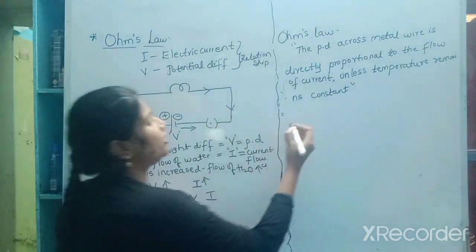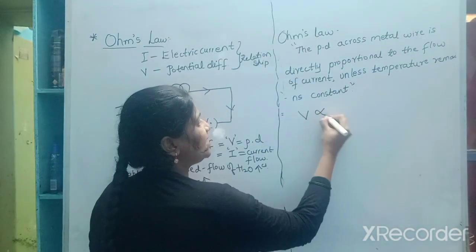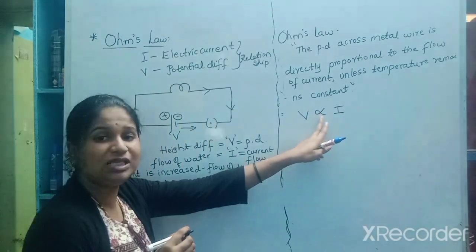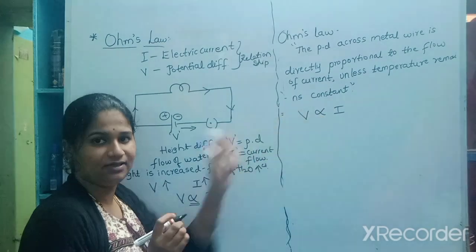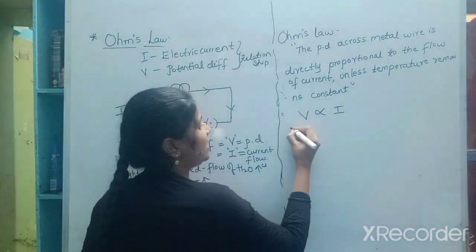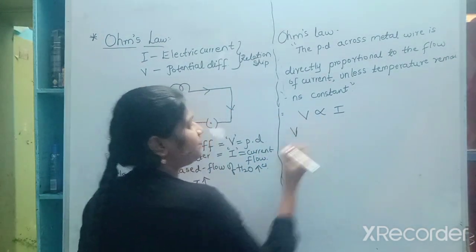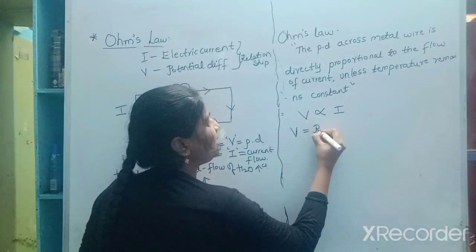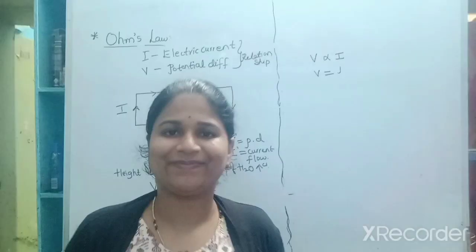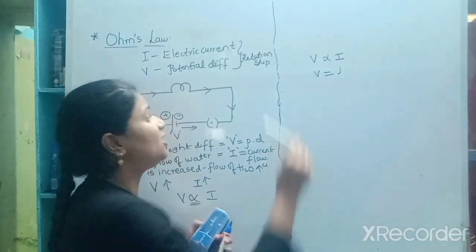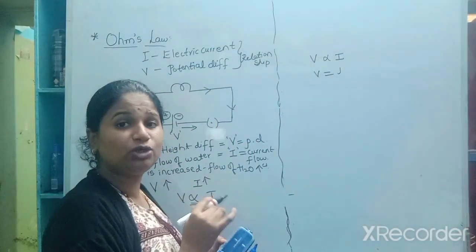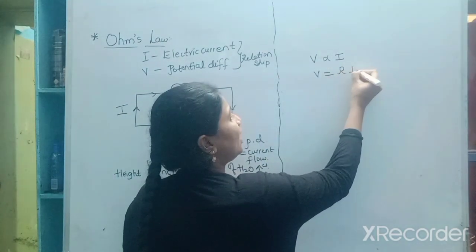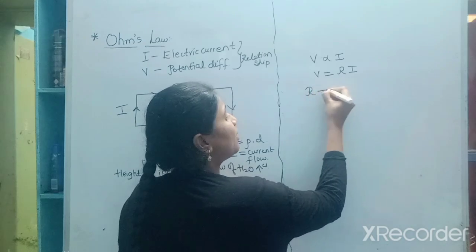Now according to Ohm's law, what happens? V is directly proportional to I. When we have to remove this proportionality sign, we replace it with V is equal to R into I. So V is directly proportional to the flow of current, and V is equal to R into I. What is R here?